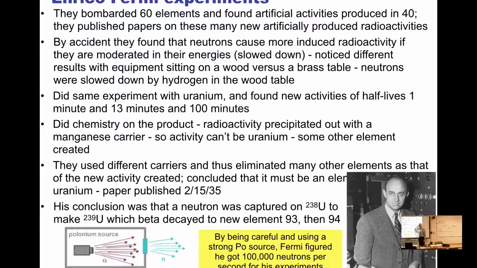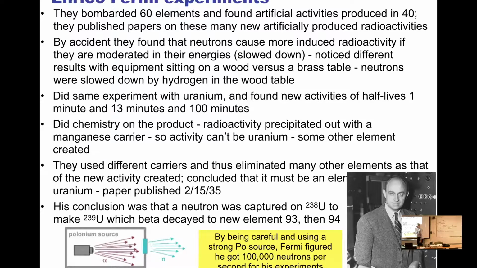He happened to be giving a talk before the King of Italy, and the King of Italy got very excited. Somebody in his Roman laboratory had discovered a new element. Big deal. And so that was published in February 1935, the discovery of something beyond uranium.